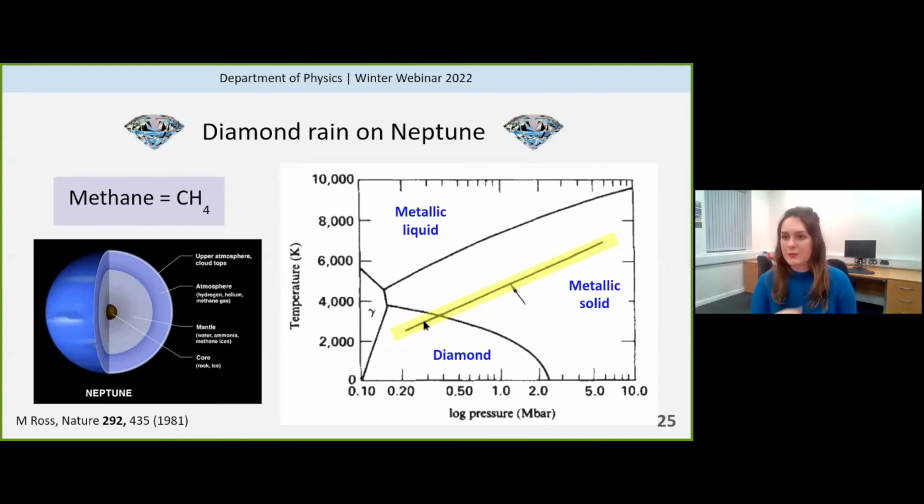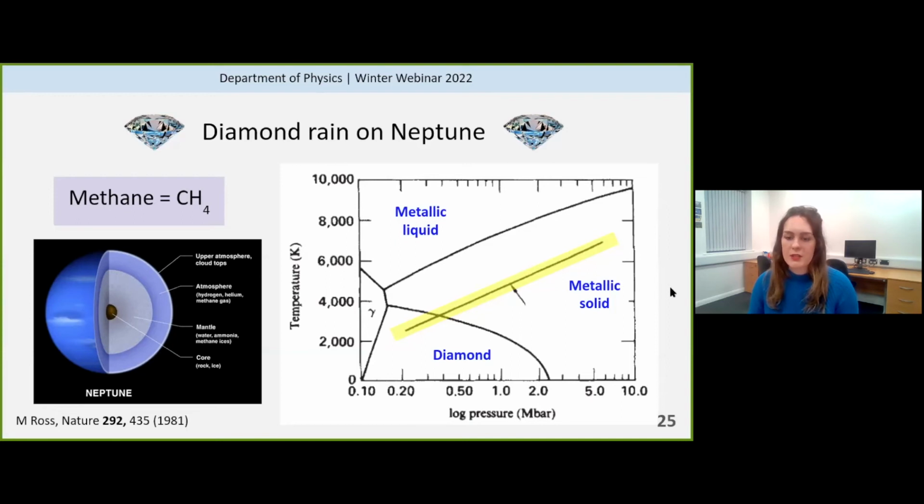And that's because these materials follow something called an equation of state, which basically means that at a given density, if a material has a certain pressure, it must have a certain temperature. So our pressure and temperature values always have to come as a pair, and it's always going to follow that line for a given density. So it means that any material in Neptune will follow that line. So if it's got a pressure of 2 megabar, then it's going to have a temperature of around 6,000 Kelvin, basically.